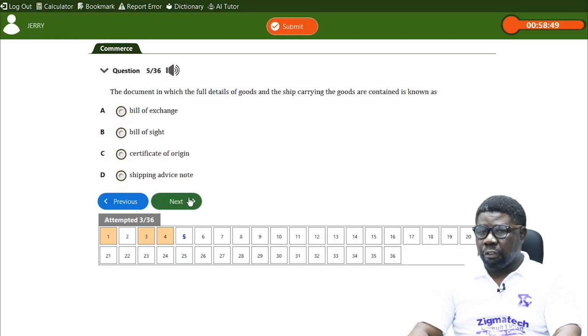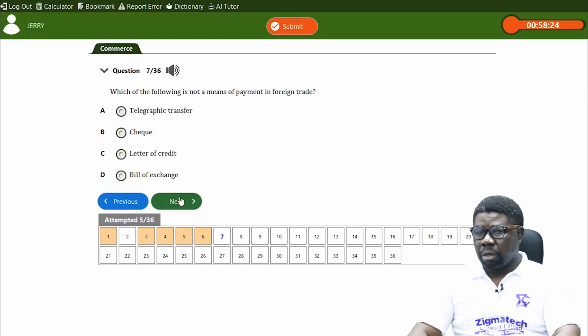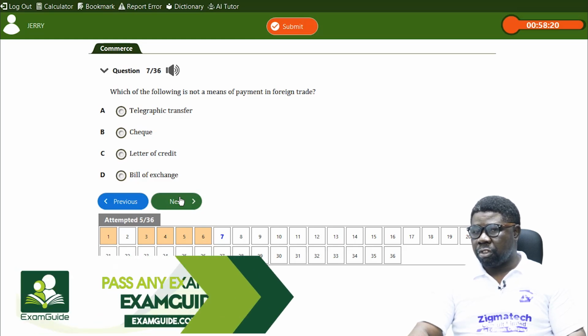The document in which the full details of goods and the ship carrying the goods are contained is known as what? Ship advice notes. Which of the following is used in ascertaining the correct value of imports for the purpose of assessing duty? Bill of lading is the answer. These documents are not what I'm seeing here. Bill of exchange. So let's see. Which of the following is not a means of payment in foreign trade?